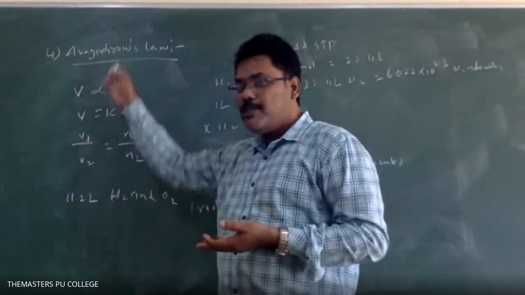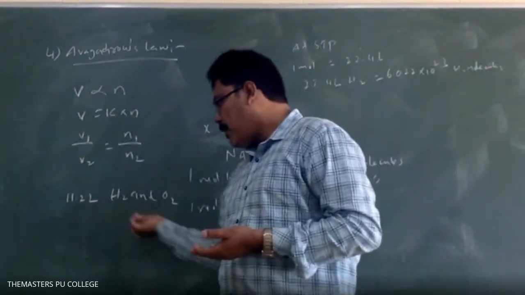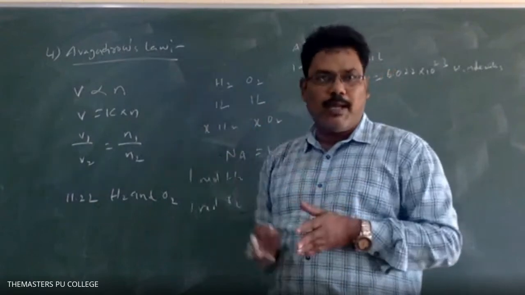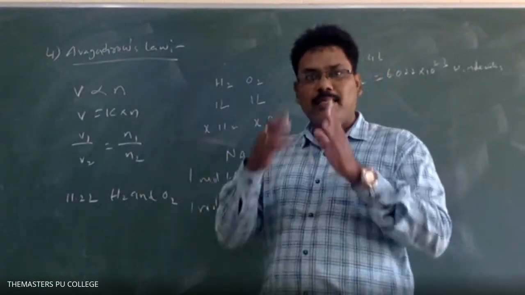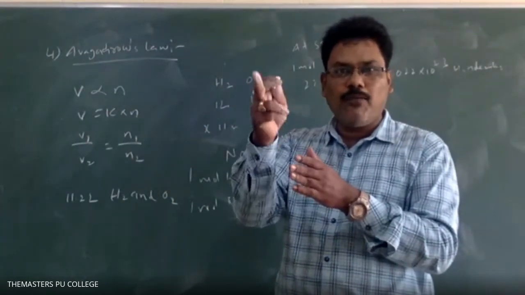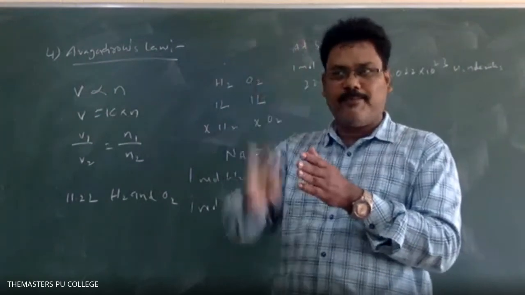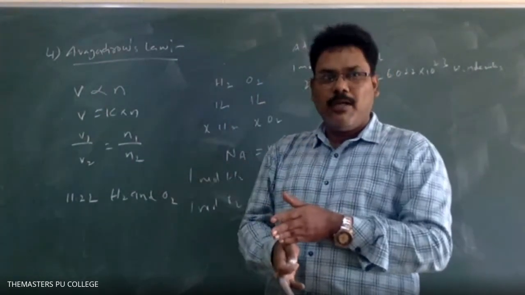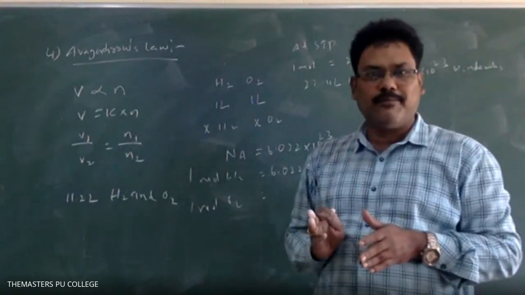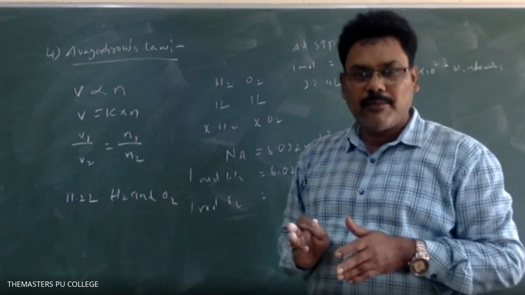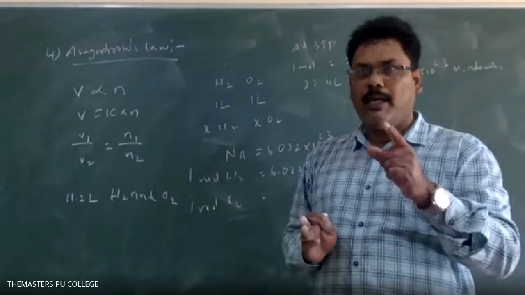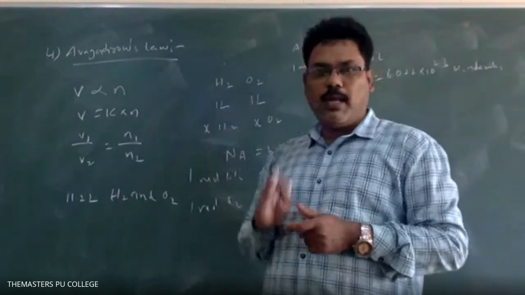So it is proved: 11.2 liters of H2 and O2, equal volumes, contain the same number of gas molecules, 3.011 into 10 power 23, H2 molecules in H2 and O2 molecules in O2. Got it, students? Okay, so that is Avogadro's law.